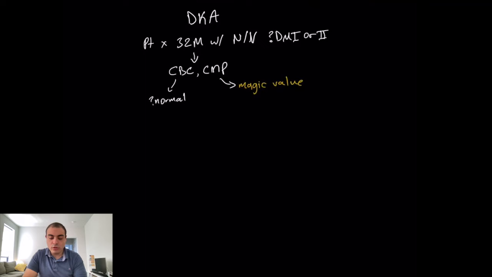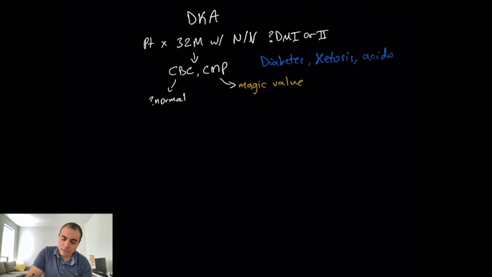So first of all, DKA is diabetic ketoacidosis, right? So typically you have to have diabetes, you have to have ketosis, you have to have acidosis. And the ketosis is causing the acidosis, so it's ketoacidosis, okay?